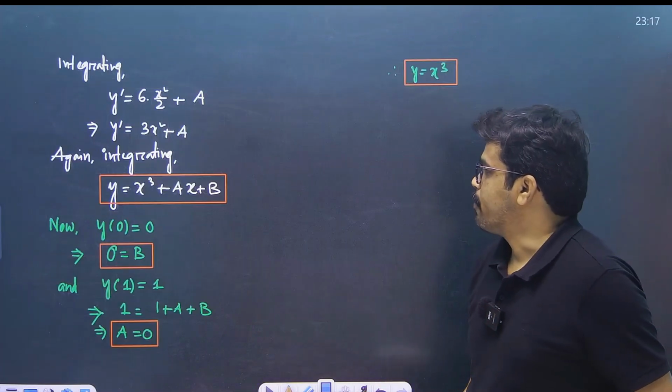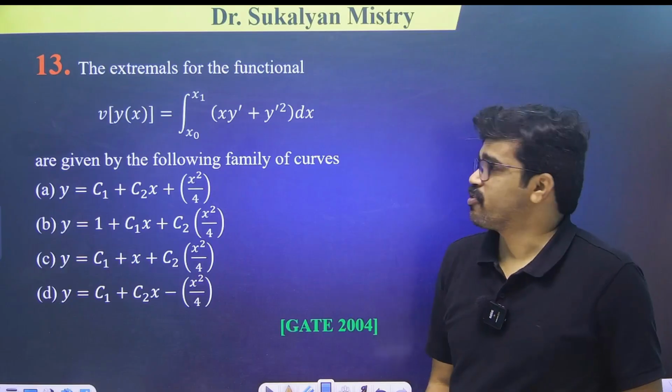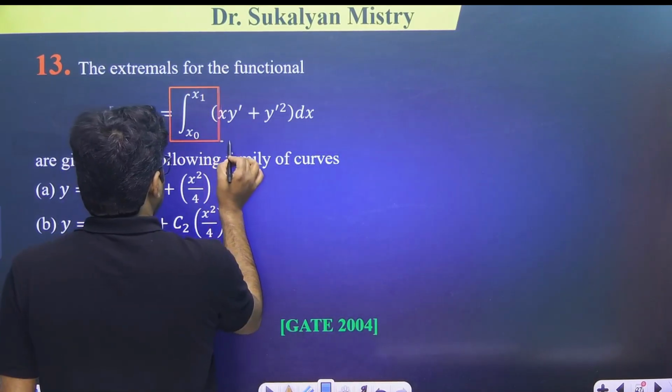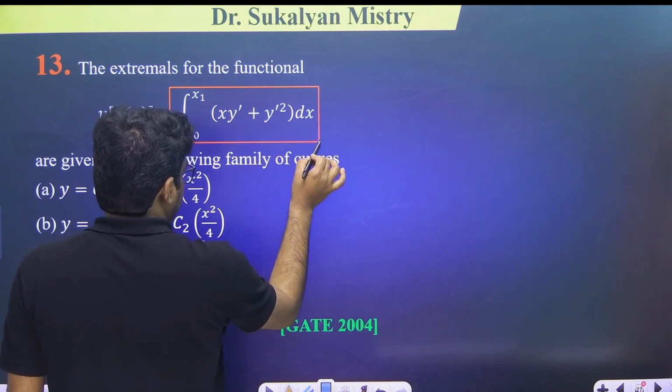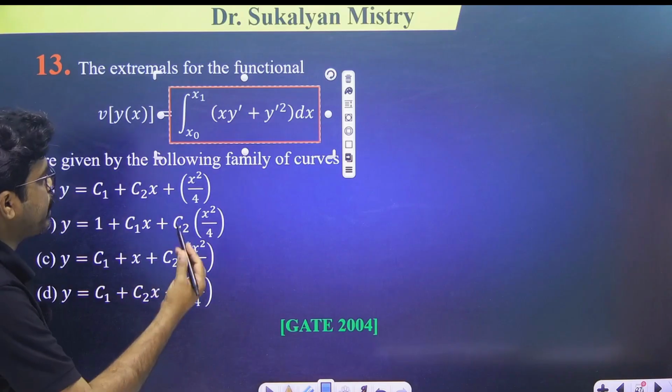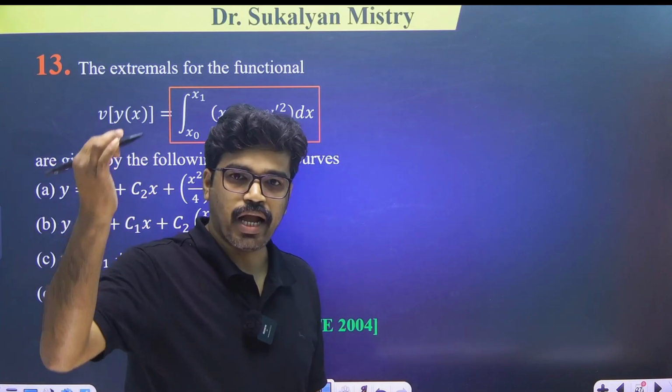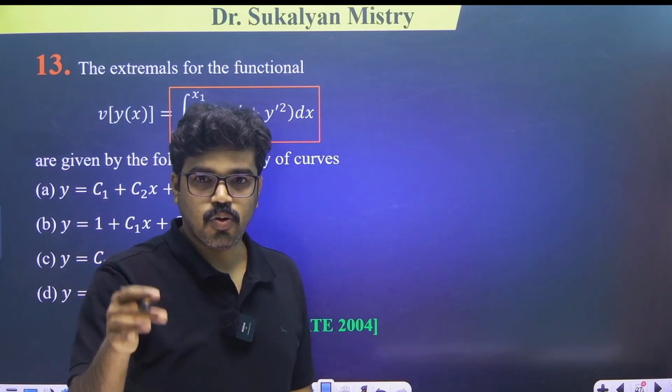So next problem: the extremal for the functional, the integral from x0 to x1 of x y dashed plus y dashed square. So f is a function of x, y, y dashed. Euler's equation is del f del y minus d dx of del f del y dash is equal to 0. So here f is equal to x y dashed plus y dash square. So this is f. What is Euler's equation?